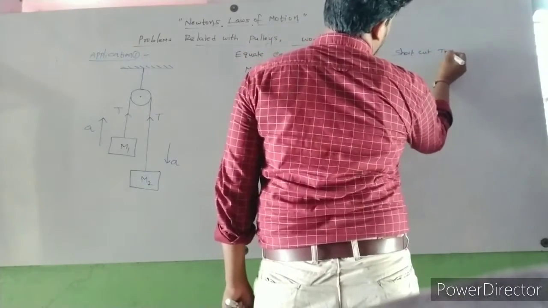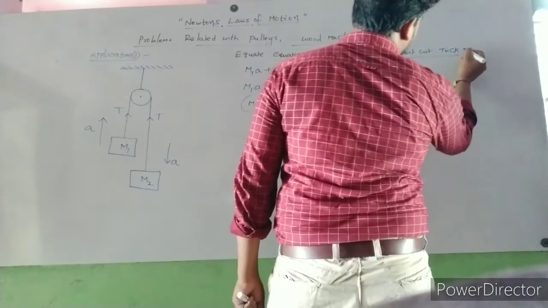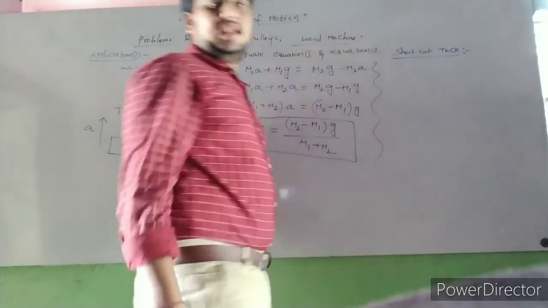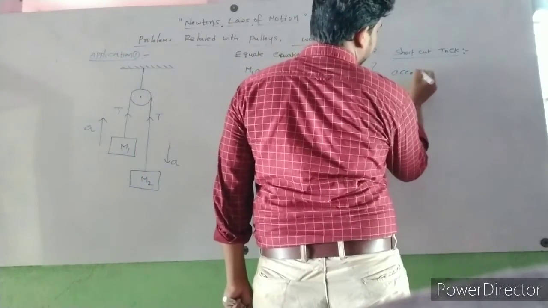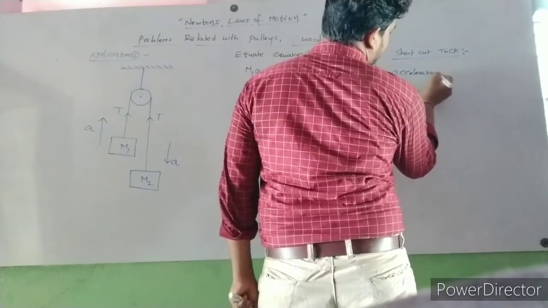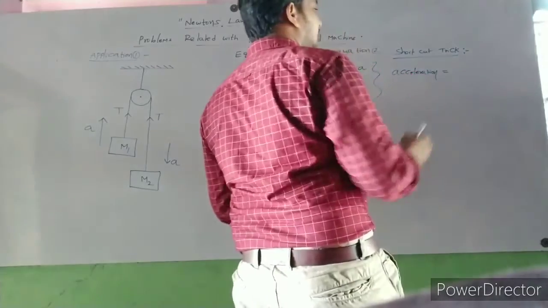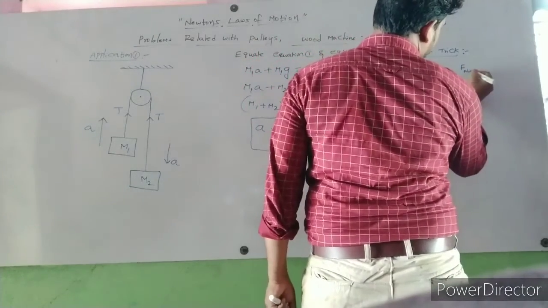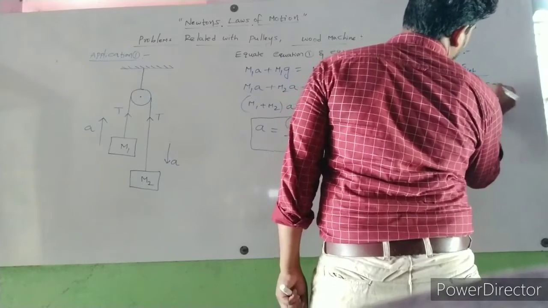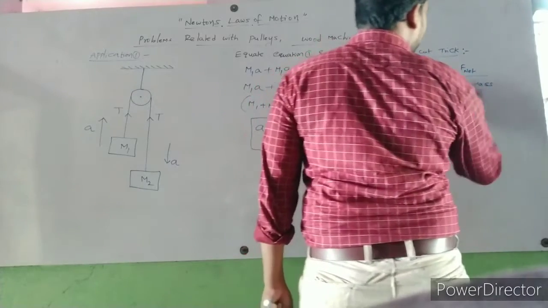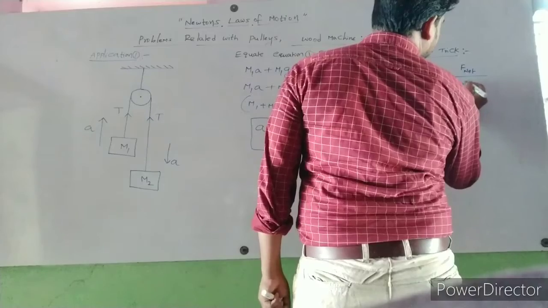What is the shortcut trick here? Simple acceleration formula. We want acceleration: net force by total mass.